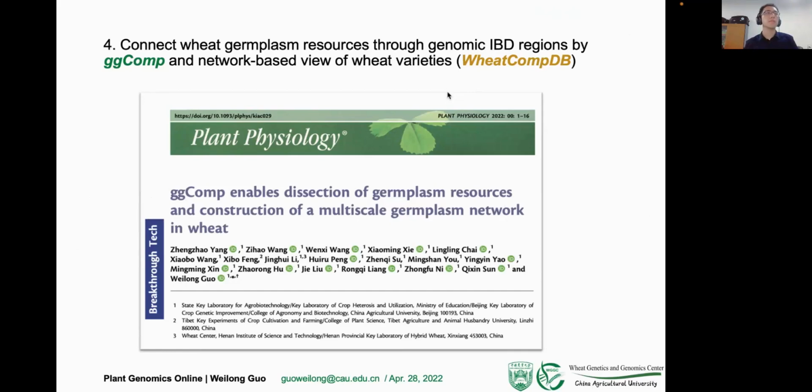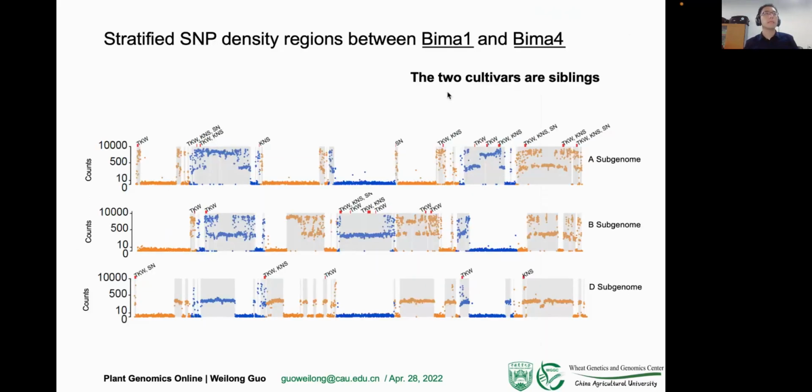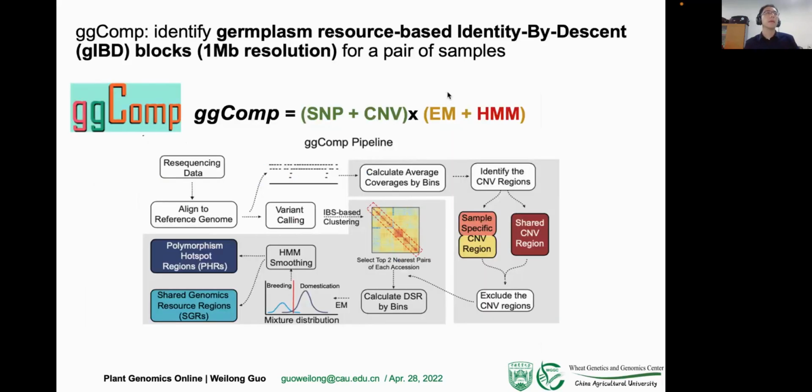genomic regions. For developing this novel method, we took advantage of the observations on the distribution of stratified SNP densities by comparing two cultivars. Then we developed the ggComp algorithm by integrating SNPs and CNV blocks identified by resequencing data, and also combined with the EM algorithm and the hidden Markov model.